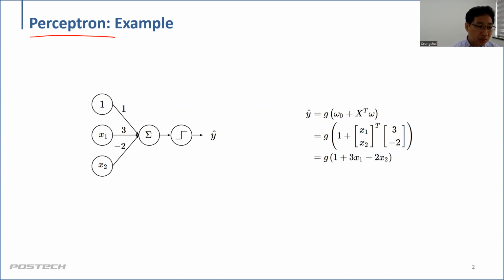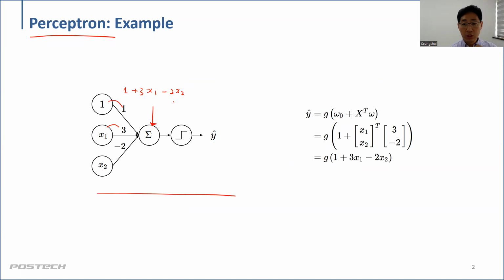And the perceptron is the simplest model that we can think of. So suppose we have this kind of structure. That means that here we do multiplications, right? We do linear combinations.